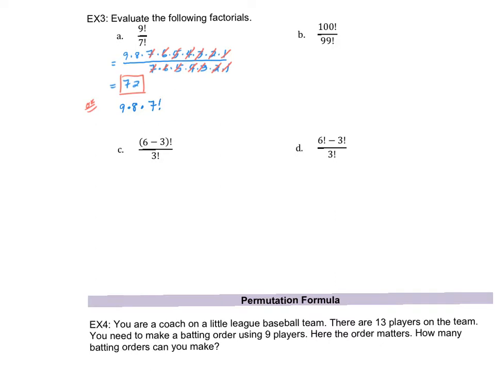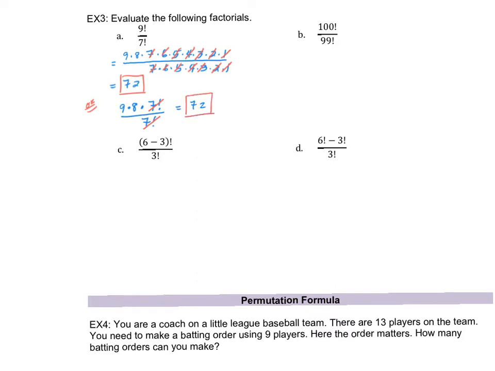So since I know there's a 7 factorial in the denominator, I'm going to just write 9 times 8 times and keep it as 7 factorial, because I can see that the 7 factorial will cancel. Remember, this is just a number. Same number, top and bottom, cancels. And you still get 72.